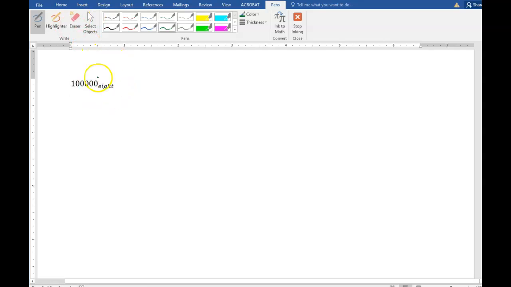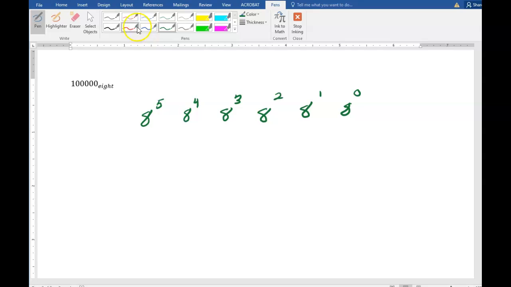So we have 1, 2, 3, 4, 5, 6 positions. So that's like we have 8 to the 5th, 8 to the 4th, 8 to the 3rd, 8 squared, 8 to the 1st, and 8 to the 0.